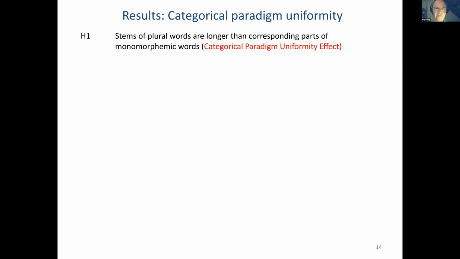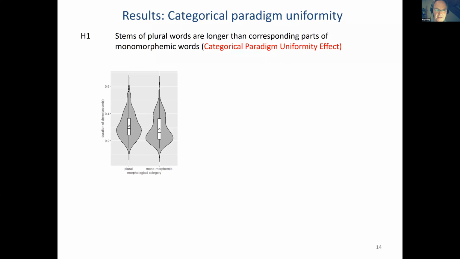Okay, what are the results for the categorical paradigm uniformity effect? I repeat the hypothesis: the stems of plural words are longer than corresponding parts of monomorphemic words. We indeed find a difference.